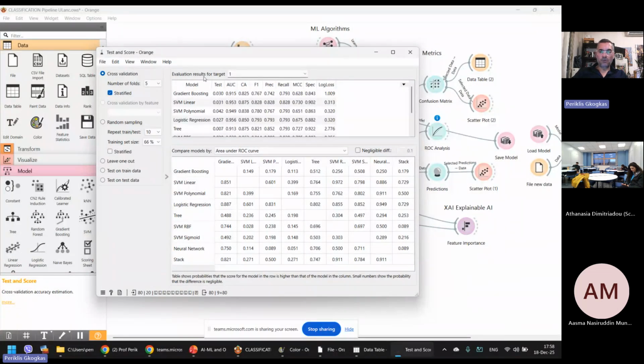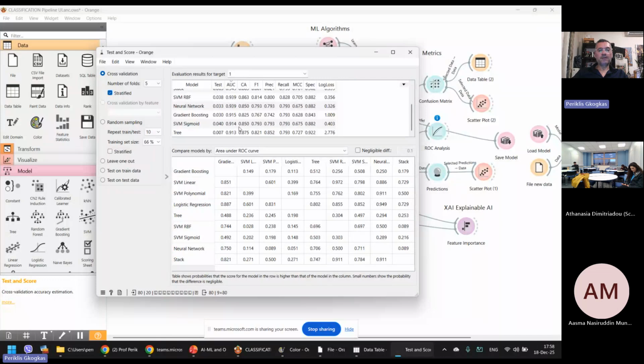So based on the evaluation results for target 1 and the area under the curve, if we press here, we sort the different models. And as you can see, the best model in this case, according to the AUC, is the logistic regression, because we have an AUC of 0.956. The worst model is the tree model with 0.913.